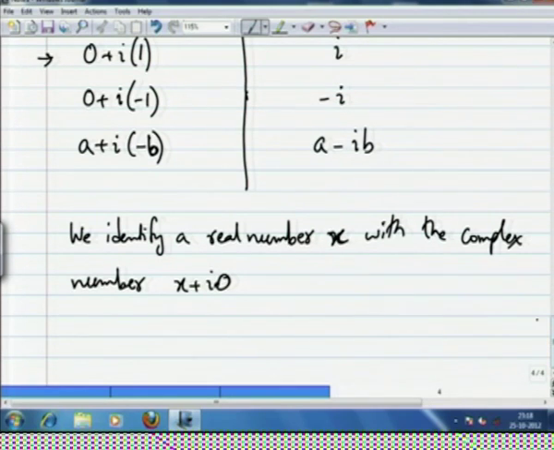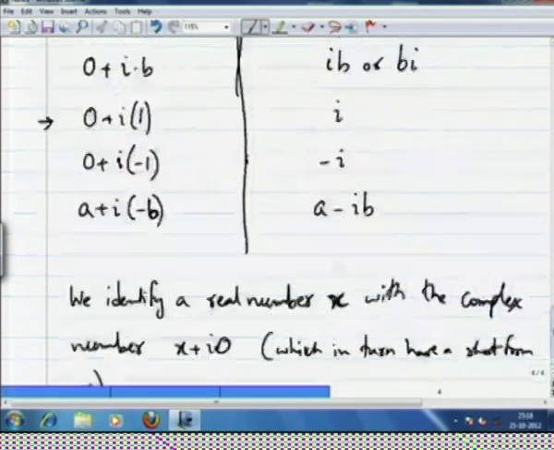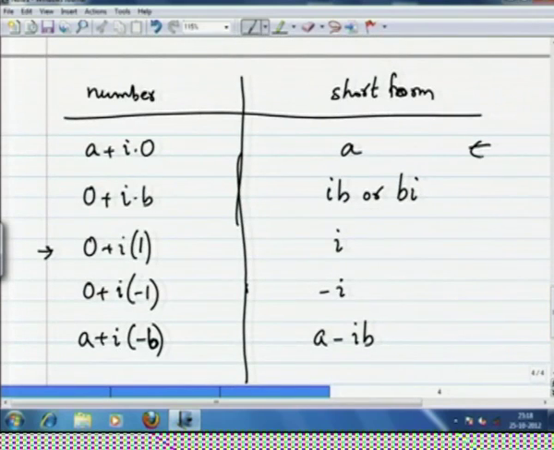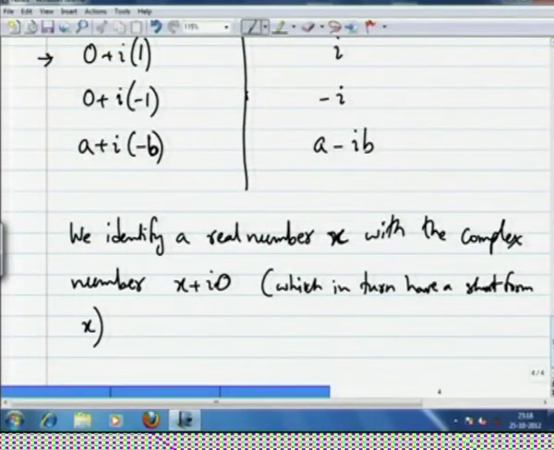We identify the real numbers with these kinds of complex numbers, which in turn have a short form x. So, note this short form: a number of the form x plus I times 0 is written as x. Notice that the real numbers are not technically the complex numbers x plus I times 0.